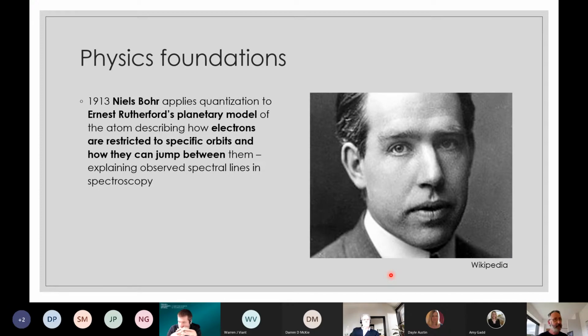If you, again, probably remember back, if you do a spectroscopic analysis of different chemicals, you get black lines appearing, and they relate to how the electrons are in the atom for that element. So Niels Bohr did that, and that was the foundation of really quantum theory, quantum mechanics.